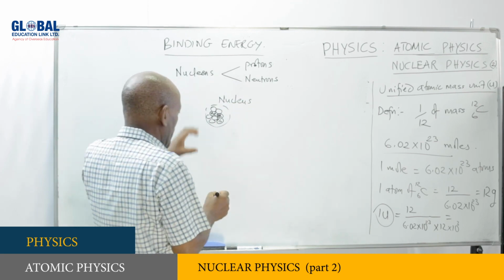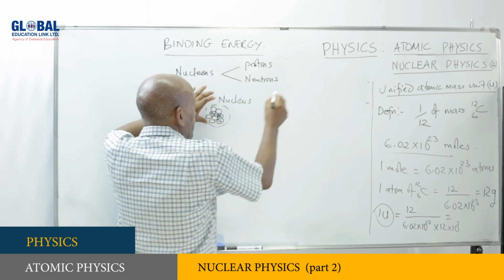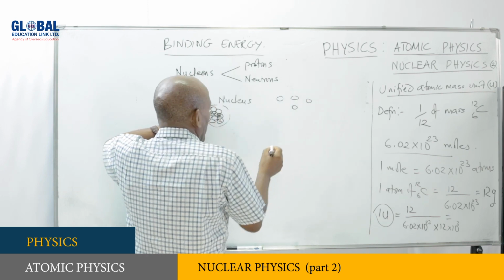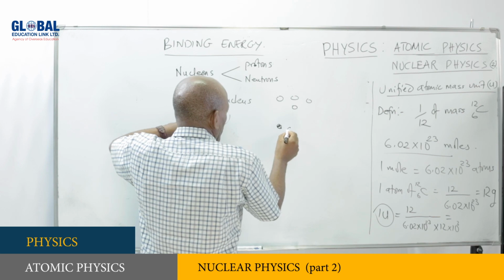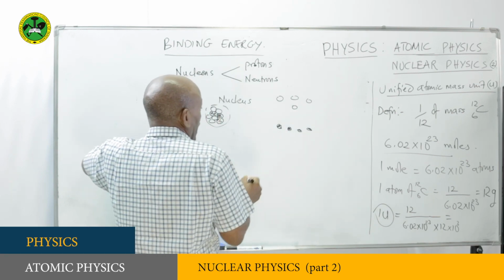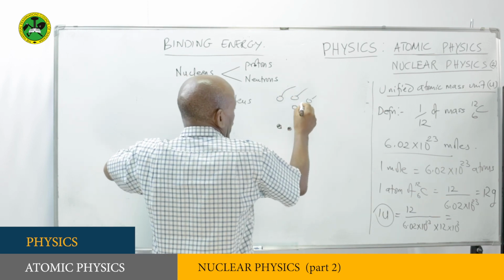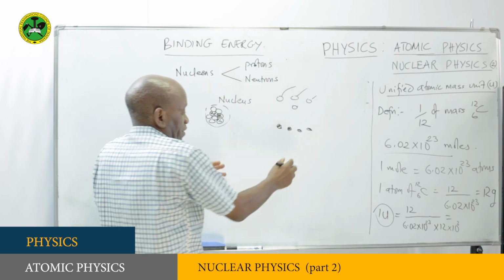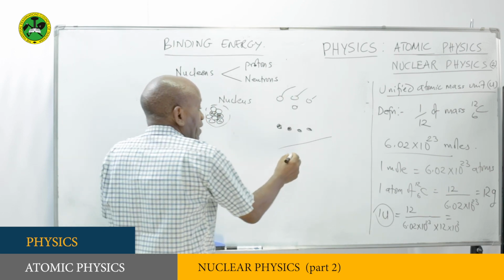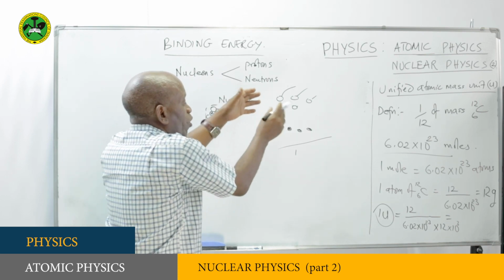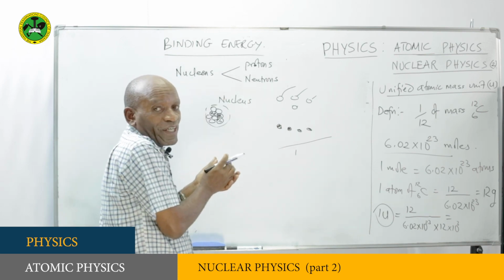of an atom. Whenever they are completely separated, I could have several protons there and several neutrons there, and each one will have its own mass. So the total mass, when they are completely separated, is bigger than the mass whenever all of them exist together.